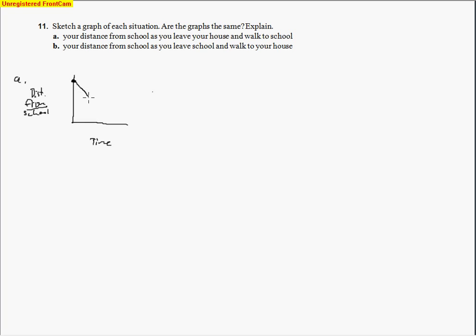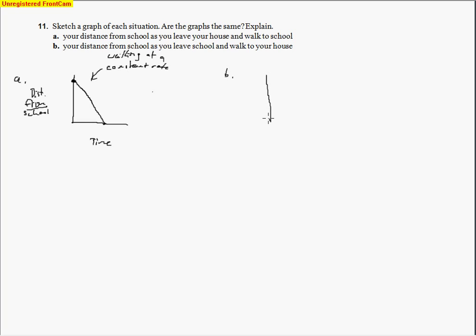We'd continue at school, and we walk and walk and walk until we're at school. And then that would be the graph. And so we have a graph that just kind of descends downhill as long as we're walking, we'll say, at a constant rate.